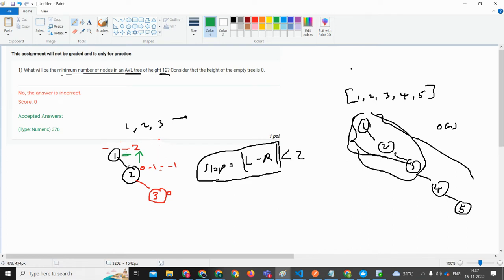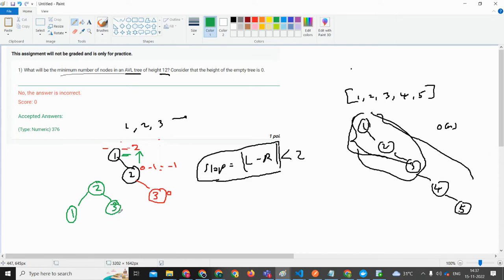Here is the imbalance; you go to the child of the imbalance and promote it. So 2 will come here, 3 will be on the right, and 1 will be on the left. This is how the AVL tree will look. That means the child goes up and the parent node comes down. Correct, yes. You will learn more about this.